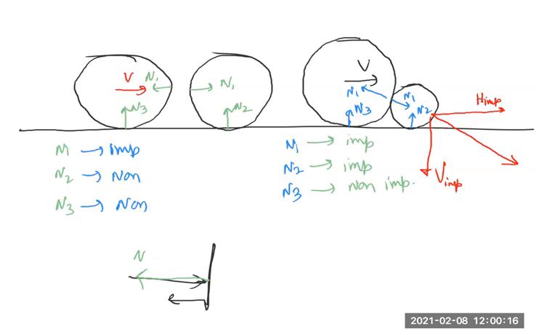So since the floor cannot allow the ball to go inside it, right, the floor will increase N2 suddenly to balance the vertical impulsive force that has been exerted on the small sphere. So the value of N2 will suddenly increase to balance this guy. So these two guys will be balanced. These are balanced impulsive force.